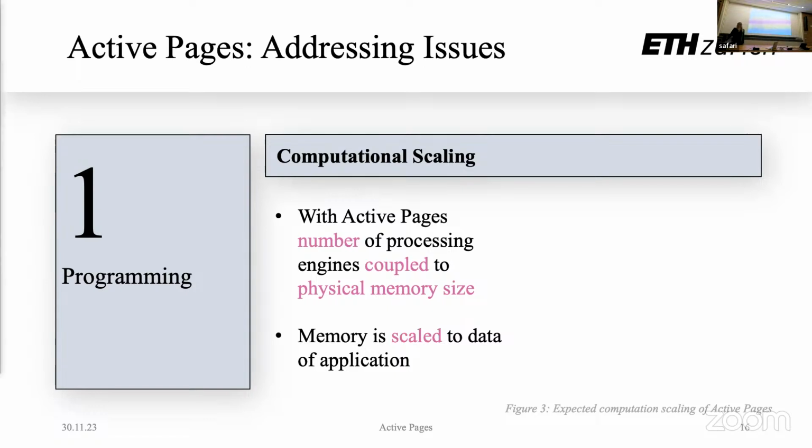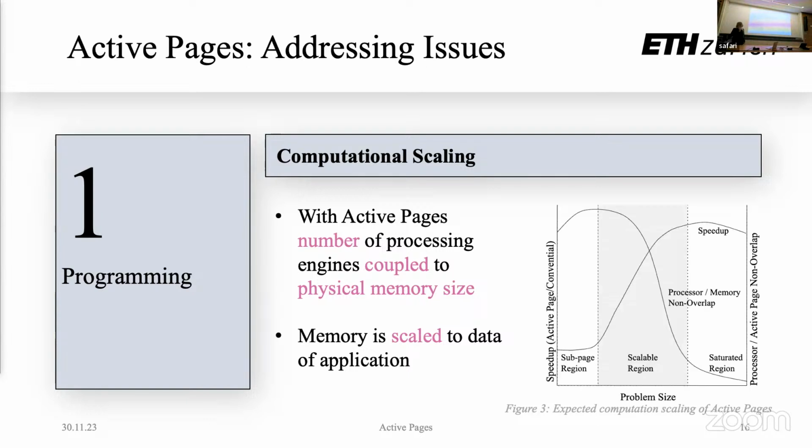That, coupled with the fact that many systems scale their memory size to the data requirements of an application, leads to a large number of active pages being available for parallel computing.